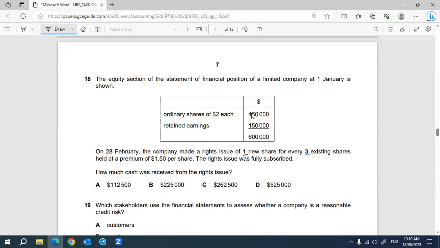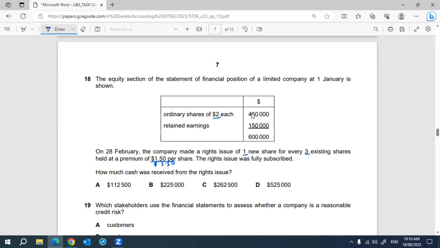So here the premium itself is $1.50 per share, which means the shares were issued at $2 plus $1.50, so $3.50. The rights issue was fully subscribed. So question, how much cash was received from the rights issue?